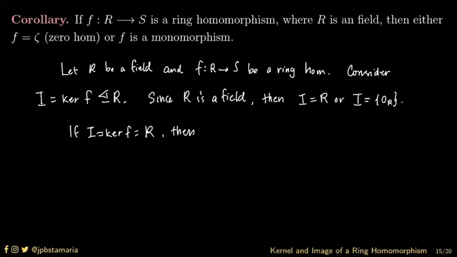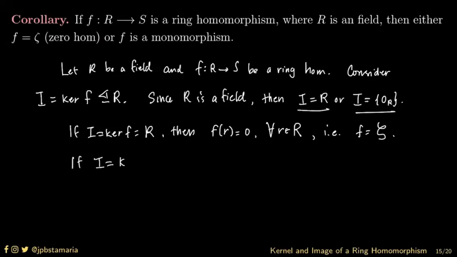So kung ang kernel mo ay yung buong domain, ibig sabihin lahat ng mga nasa domain ay zero ng F. So this means to say that F of r will be zero for all r in capital R. This means that F is the zero homomorphism o yung zeta na dinidenote natin.